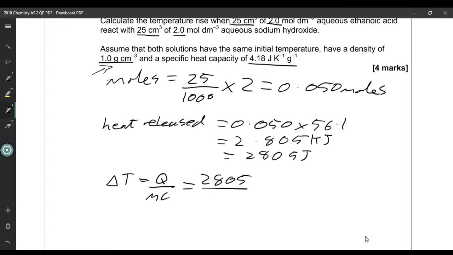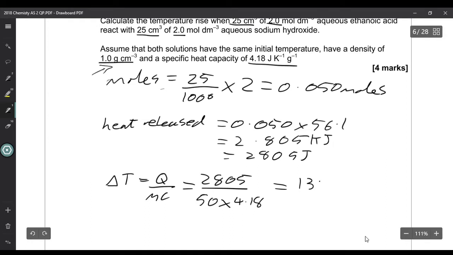So our total volume is 50 cubic centimeters, and because the mass is 1 gram per cubic centimeter, our mass is going to be 50 grams, and we multiply that by the specific heat capacity that we were told is 4.18, and that gives us a value of 13.4 degrees C.